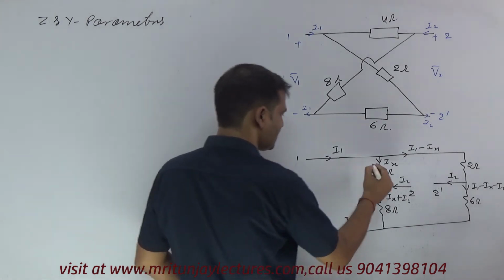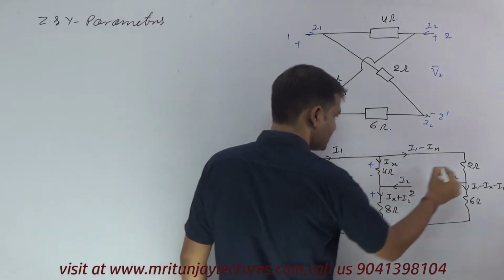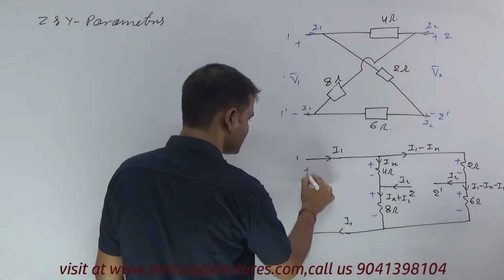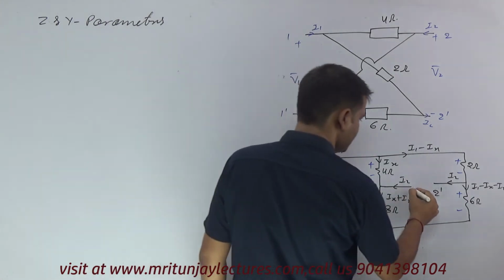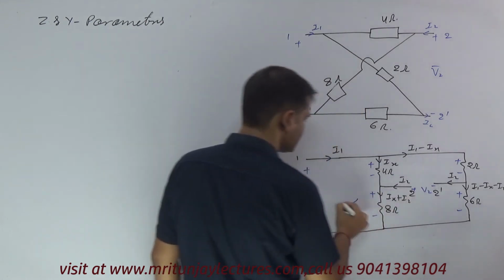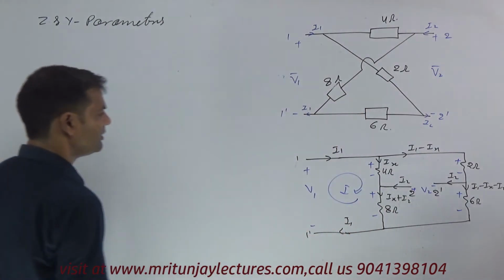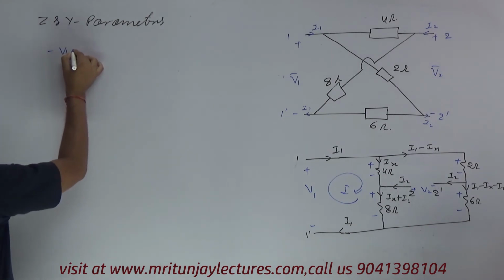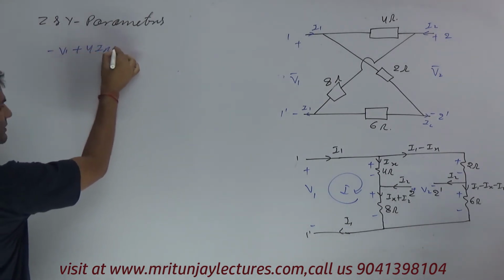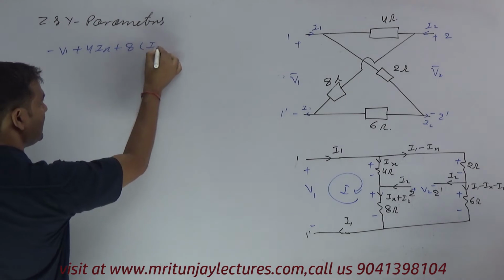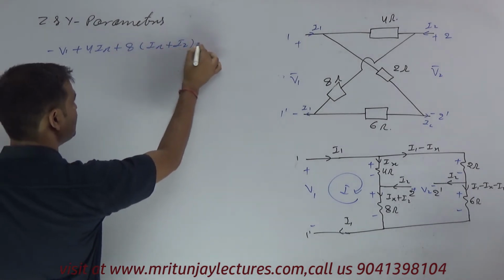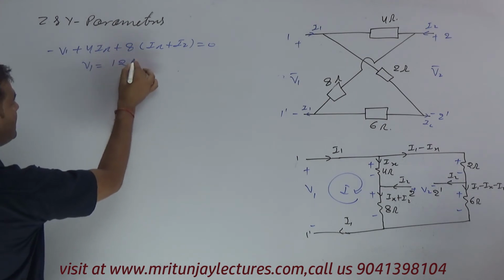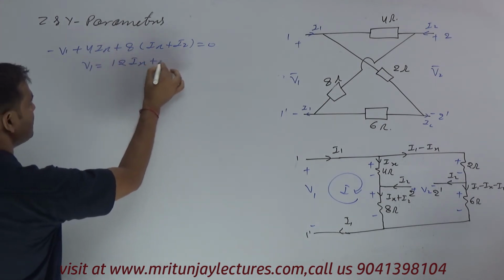Apply KVL with plus minus V1 and plus minus V2. Apply KVL in loop 1: V1 equals 4Ix plus 8 (Ix plus I2). So V1 will be equal to 12 Ix plus 8 I2.